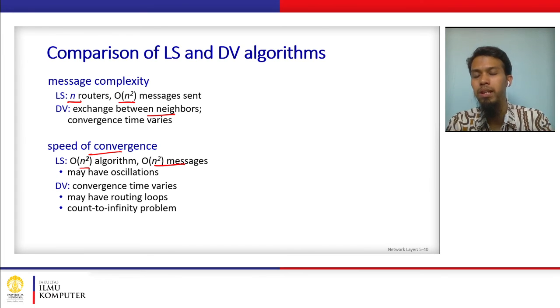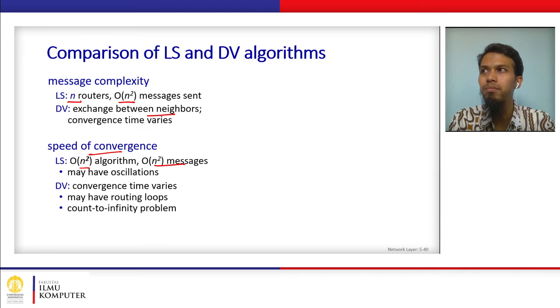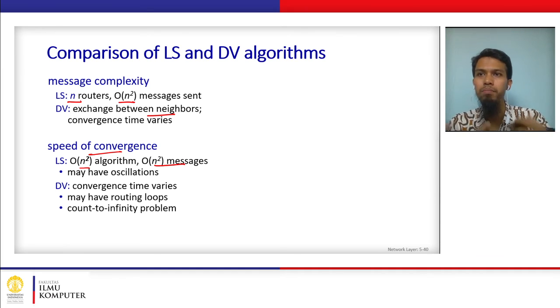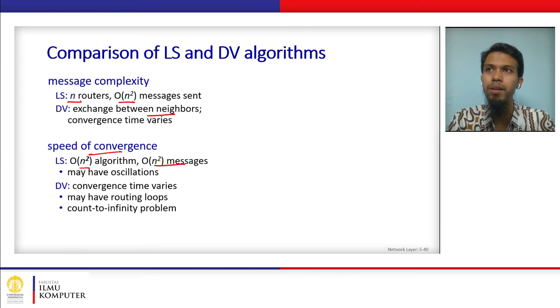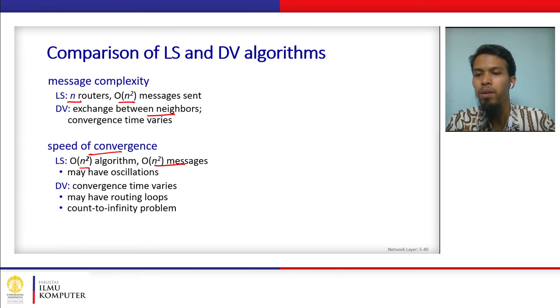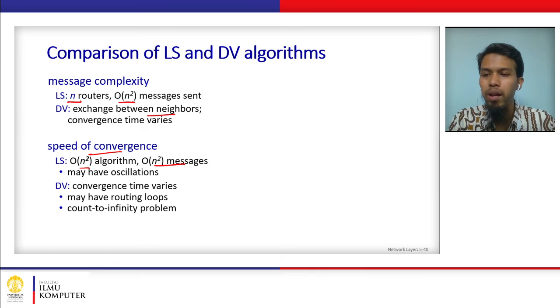For speed of convergence, link state, as we discussed in another video, is an n squared algorithm with n squared messages. It may have oscillations, but this is not really an issue. It's just something that can happen in real life, depending on how we set up the routing cost calculation. As for distance vector, the convergence time varies.